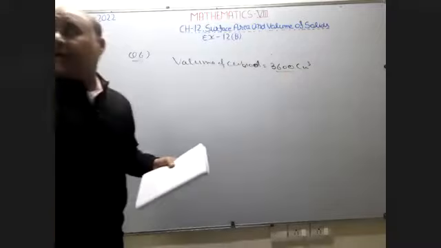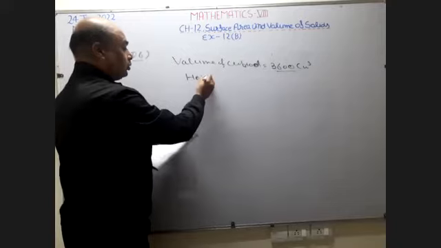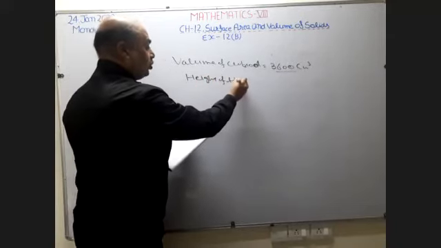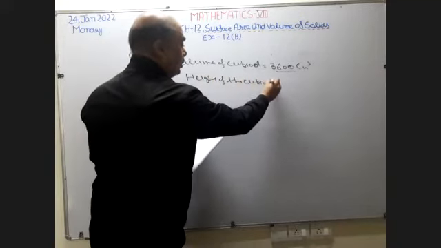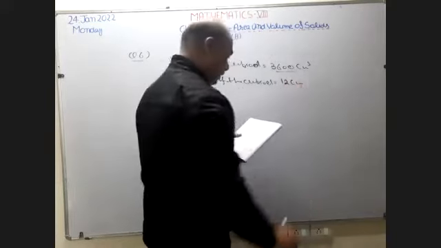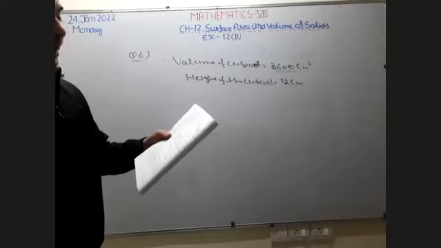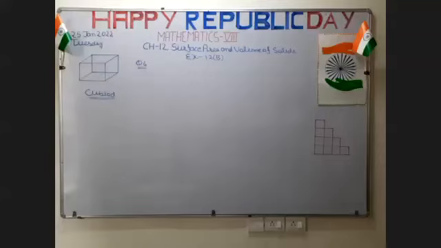Okay, and the height of the cuboid is also given. So write height of the cuboid. It is given 12 centimeter. So write here 12 centimeter. If the length and breadth are in the ratio 4:3, find the length and breadth.